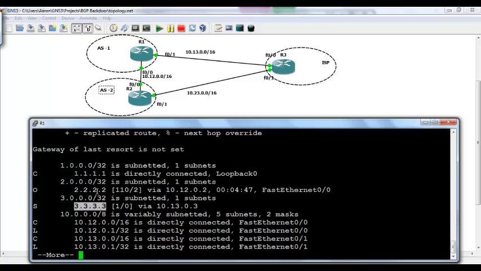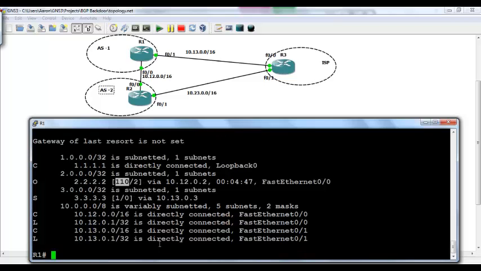I am interested in 2.2.2.2. It is coming from router 2. See, this is the IP address of router 2, and it is OSPF. I am receiving this because of backdoor. I have already applied the backdoor command.